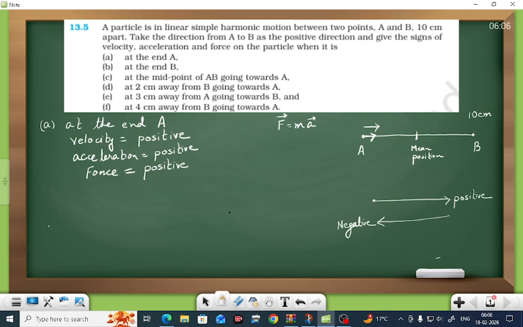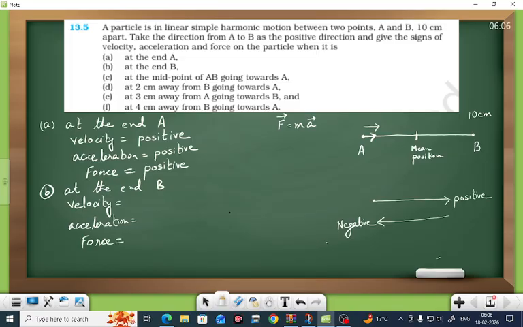Now for the end B, number B, we are taking the end B. At the end B, what happens? First we'll find the direction of velocity, then acceleration, and then force.